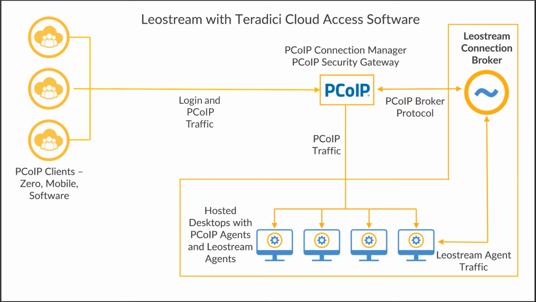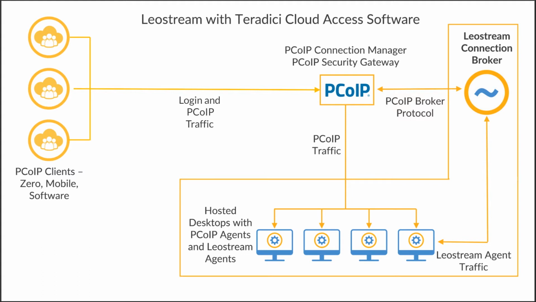Essentially, the Connection Manager is the go-between between the PC over IP clients, be those Zero, Mobile or software, and the broker. So it facilitates the conversation between the clients and the connection broker. And if you're talking about remote access, if you need to tunnel the user's connection from the client to the desktop, the security gateway from Teradici acts as that component as well.